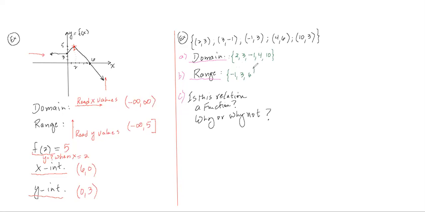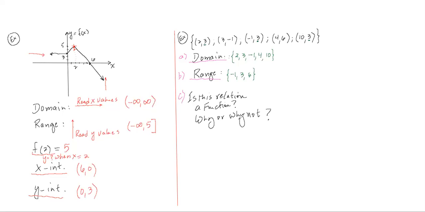Great. So 3 is repeated. You don't have to repeat it when you're writing the list. 3 is repeated multiple times, you just have to list that one time. That's it.